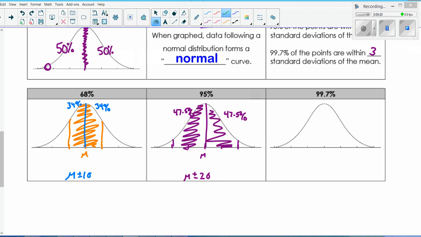Okay, now if I do it again with 99.7%, I start in the middle, and then I go 1, 2, 3 standard deviations, 1, 2, 3 standard deviations. And you can see that over here, it kind of looks like there's no data, but 0.3% means that there's very, very little data that could be over there. Okay, if I follow this up, everything that lies under this curve is half of that 99.7%.